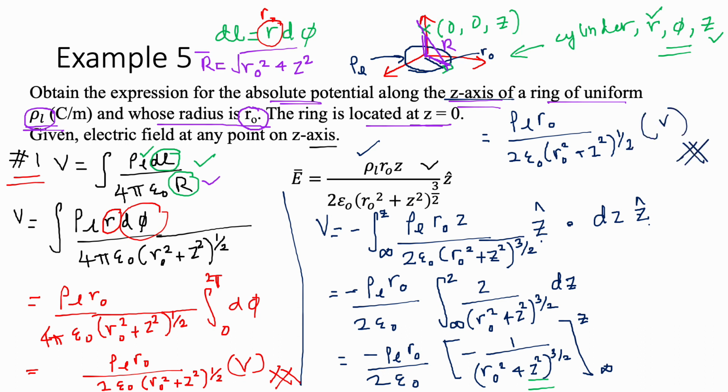Okay, so you can see if you are using the first method or the second method, you will get the same answer. The second method, we are using negative integration of E dot dl.